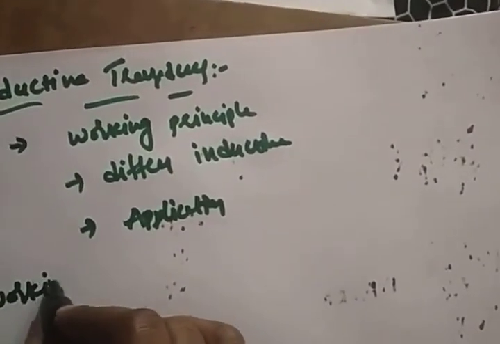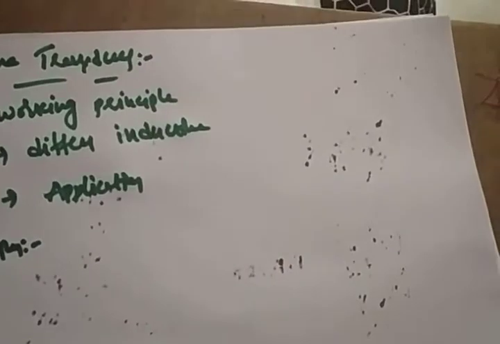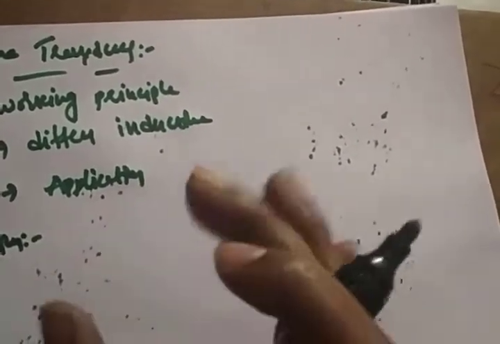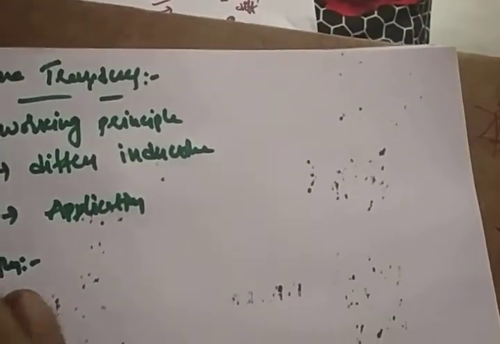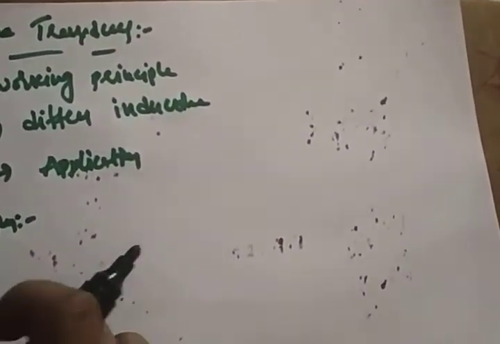Now we'll discuss the working principle. You can find your unknown non-electrical quantity by measuring the change in the inductance. In a resistive transducer, you find your non-electrical quantity by measuring the change in resistance. In the case of an inductive transducer, you find your non-electrical quantity by measuring the change in the inductance itself, right?